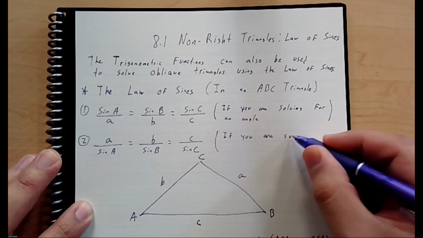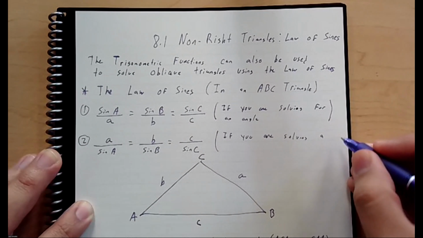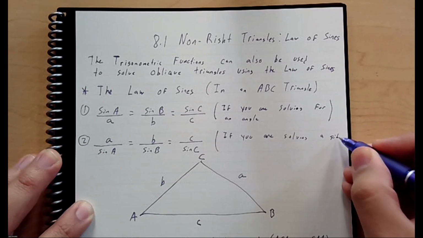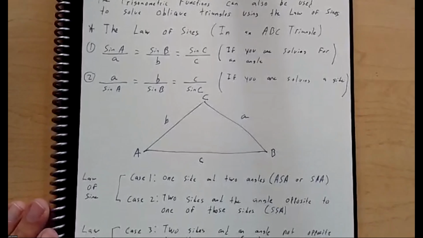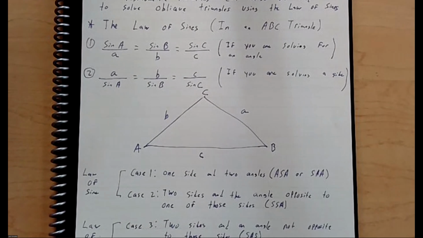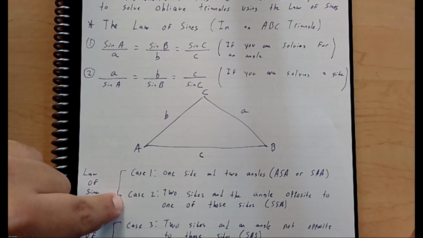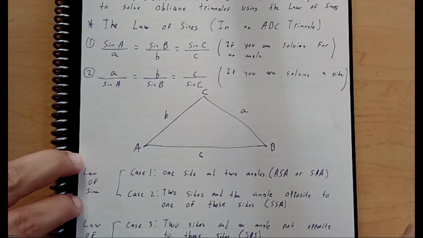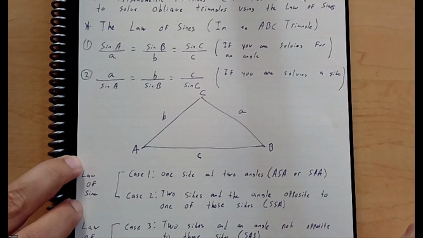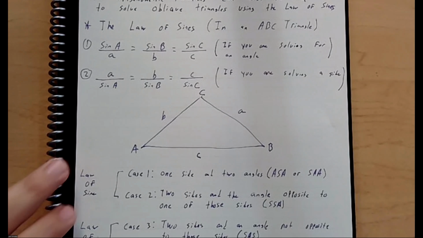If you are solving a side, use number 2. Anyway, if you have 2 sides and 1 angle, but that angle is opposite to one of those sides, then that's case 2. As long as you have one of these scenarios, you are able to use law of sines. If you don't have one of those two, you're going to have to do law of cosines, which is 8.2, I think, or 8.3.